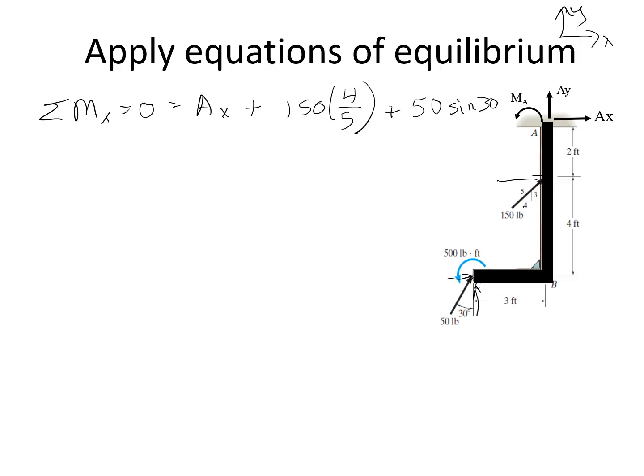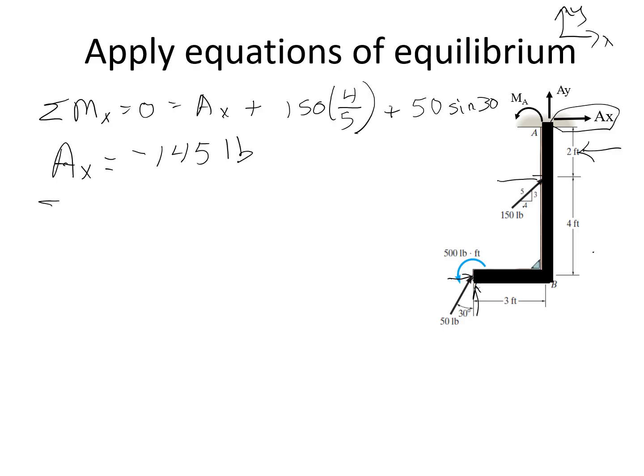Solving this equation for AX, I get AX is equal to negative 145 pounds. And so this AX here, instead of going in the positive direction, is actually to the left, which makes sense because the two applied forces are to the right.